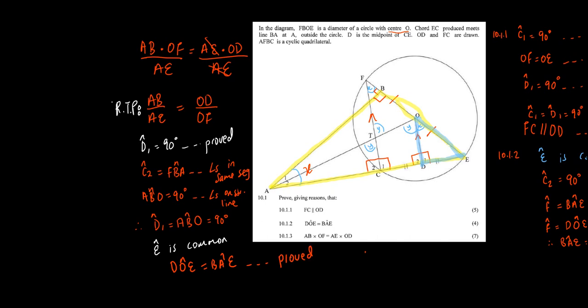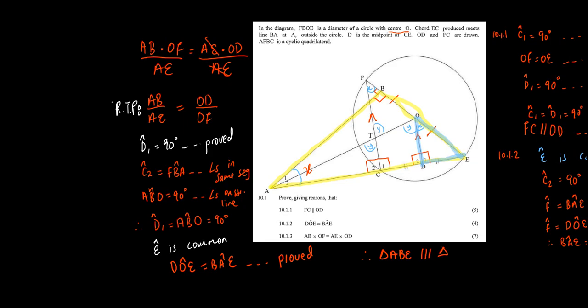So therefore the triangles are similar, which means you tell them that now the naming is quite important. So we're going to say triangle ABE is similar to triangle what?